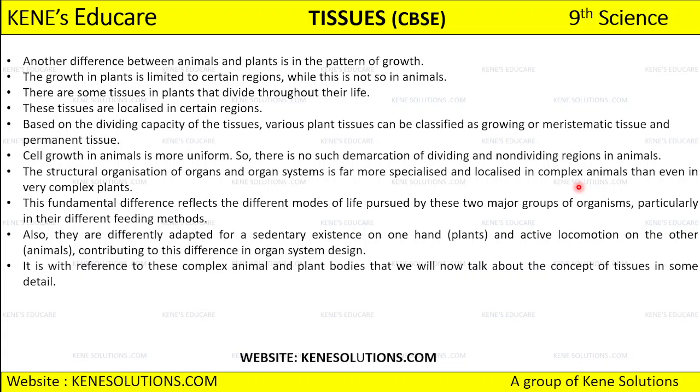This fundamental difference that we see between plant tissue and animal tissue reflects the different modes of life pursued by the two major groups of organisms, particularly in their different feeding methods. With respect to specialized organs, we saw the difference between plants and animals.